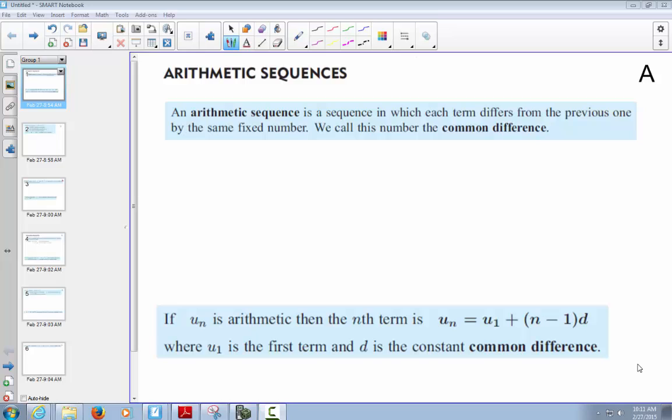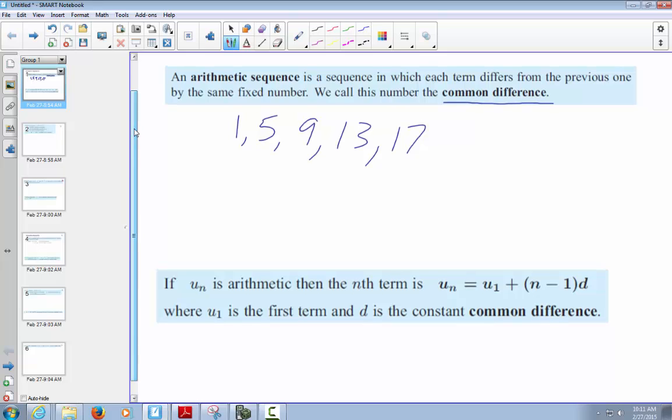So, give you a quick example of how that's going to work. Let's take the sequence 1, 5, 9, 13, and 17. Now, to find the common difference, you find the difference between the terms of the sequence.